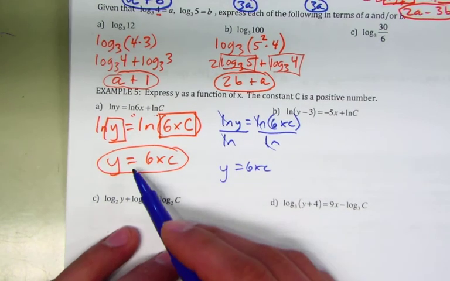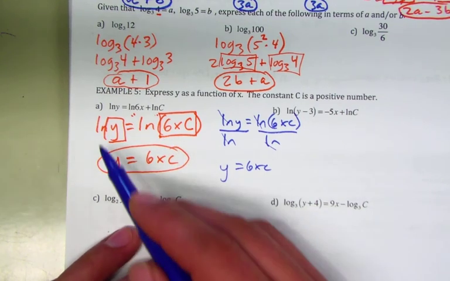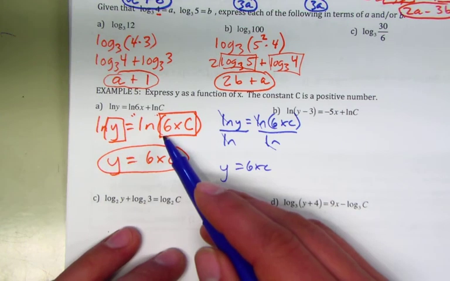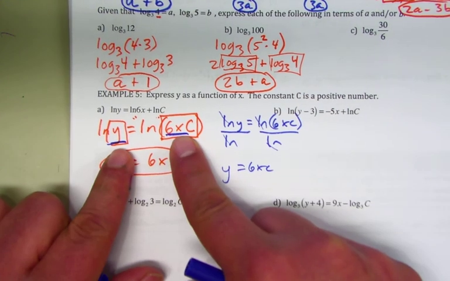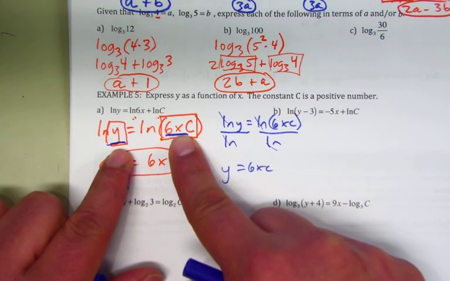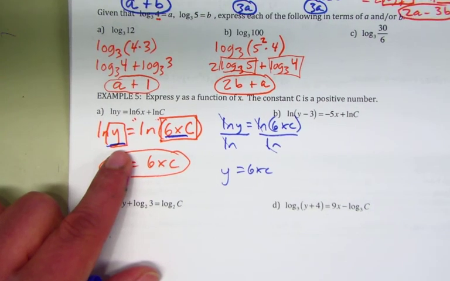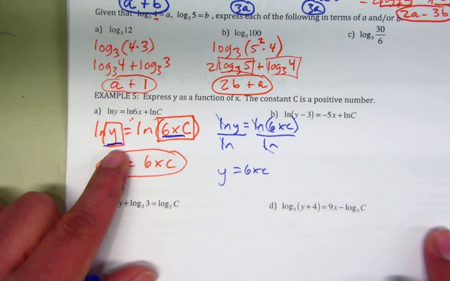So y equals 6xc, because if you're doing the natural log of a number and it equals the natural log of something else, the only way these are equal is if what we're doing the natural log of are equal. Does that make sense? That's the way I'm going to leave it for now because we're actually going to talk about why these are the same. Okay, but for now, that's a good enough explanation, I think.